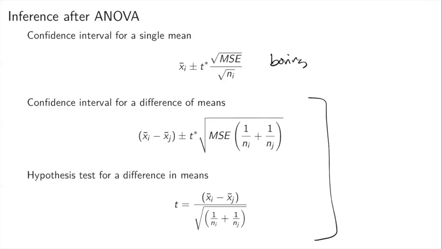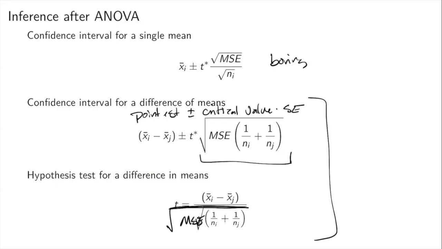And here's how it's going to look. It's going to be our point estimate plus or minus our critical value times a standard error, where this is how we compute the standard error. Oh, and I apparently missed a piece of it. This needs MSE under the square root when I was making my slides. I'll go back and fix that.